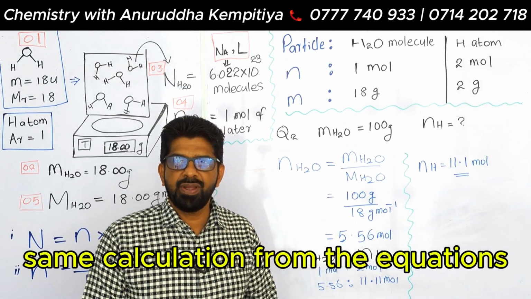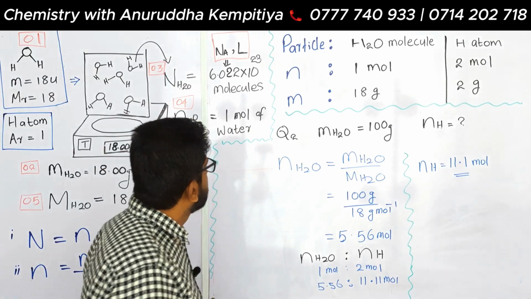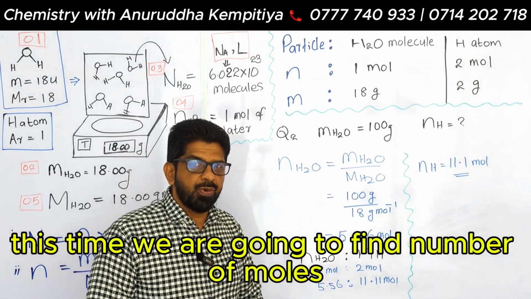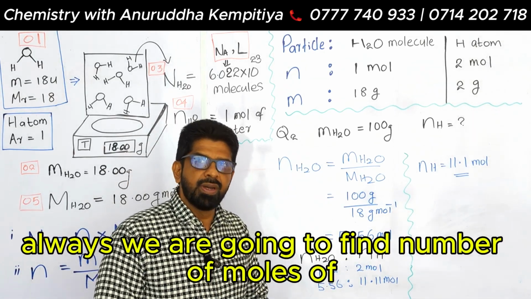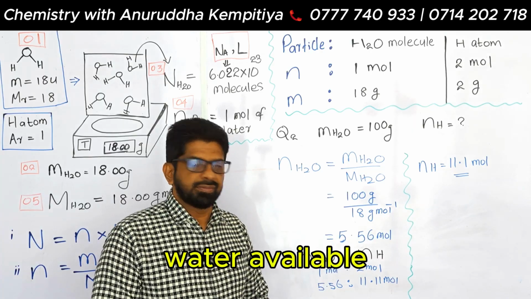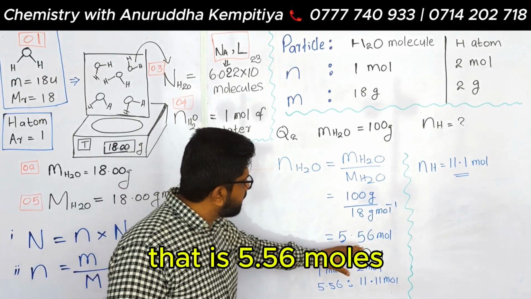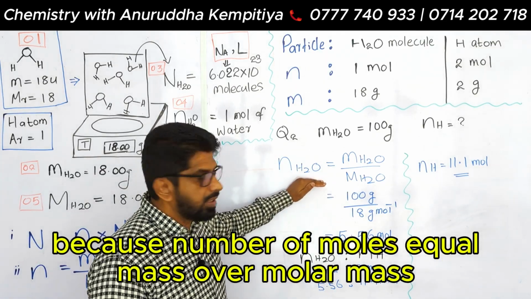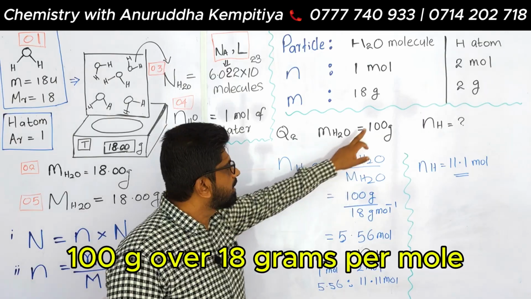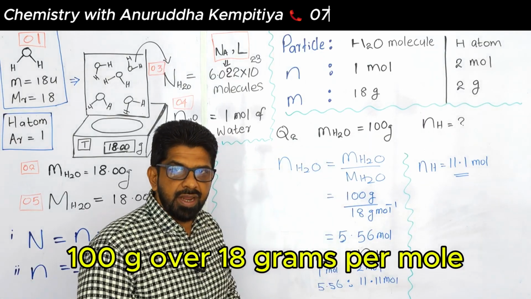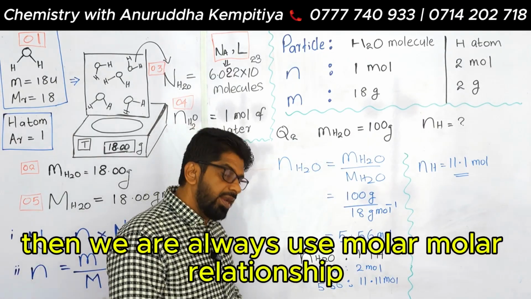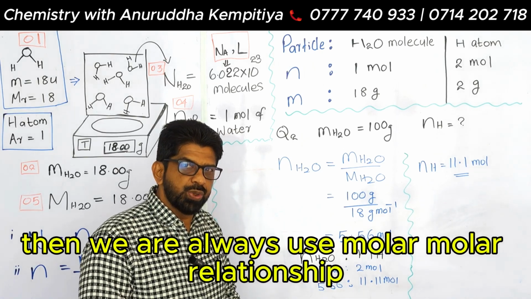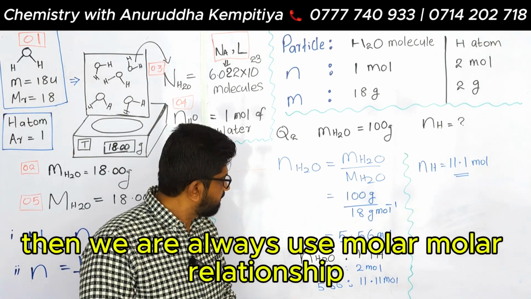Same calculation from the equations. This time, we are going to find the number of moles of water available, always. That is 5.56 moles, because number of moles equals mass over molar mass, 100 grams over 18 grams per mole. Then we always use the mole-mole relationship.